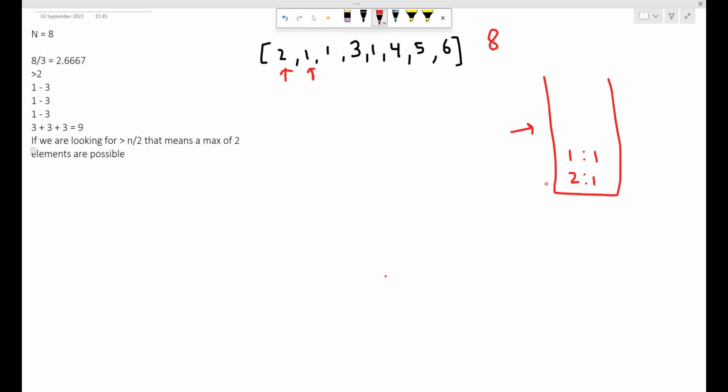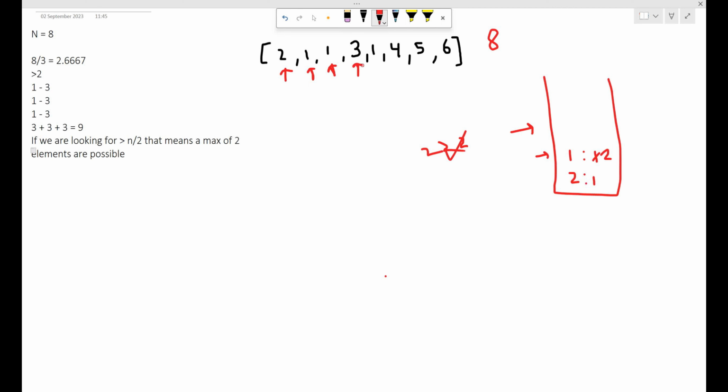So we will always compare after each entry whether the count is greater than 2 or not. Now going to the next element, is 1 in this hash table? Yes, it is. I can increase the count of 1 by 1, making it 2. Then I check whether this 2 is greater than 2? No. I can move on.